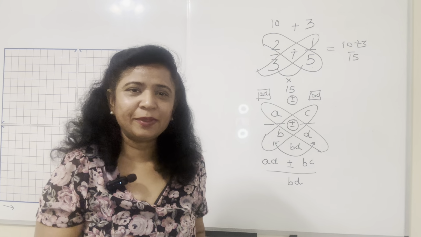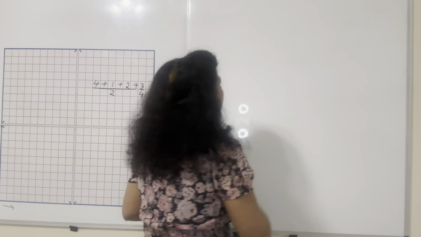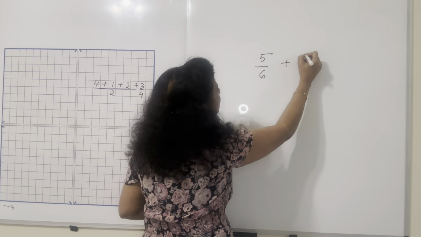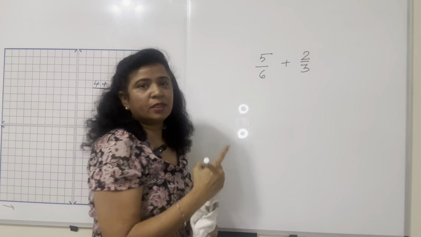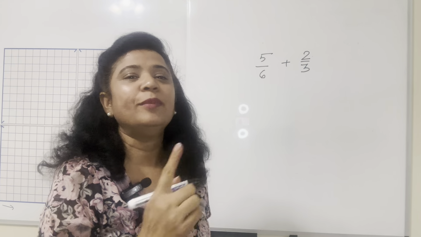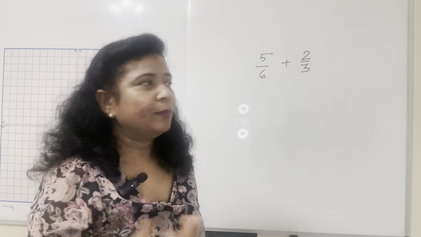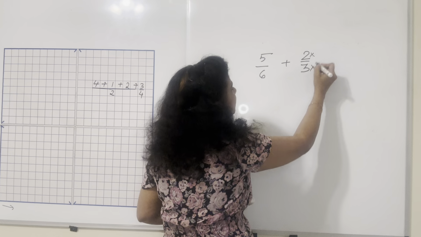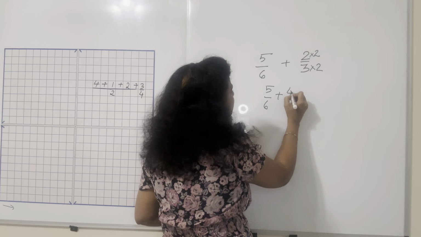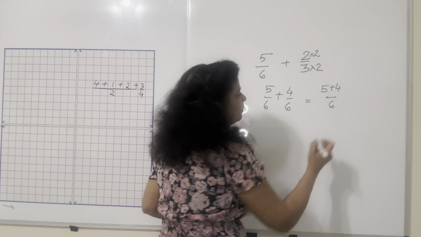Let's see a few more examples. Five over 6 plus 2 over 3. Now see, when you see this, you know it's very easy to make the same denominator. You don't need to do cross multiplication or the butterfly method, because here it's very easy to just multiply numerator and denominator by 2 and you can make the same denominator and do it very easily, right?